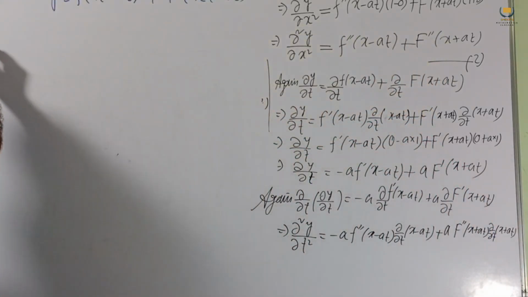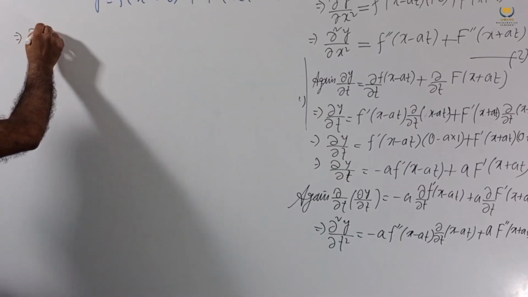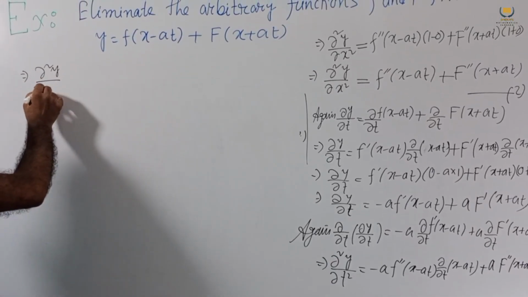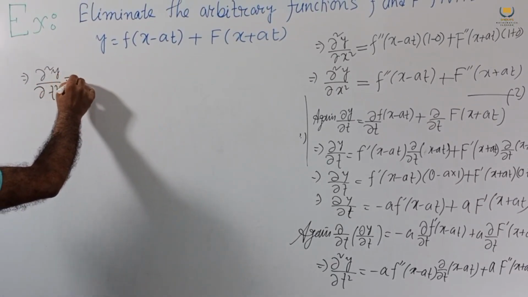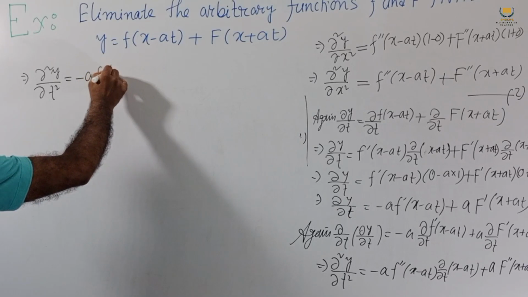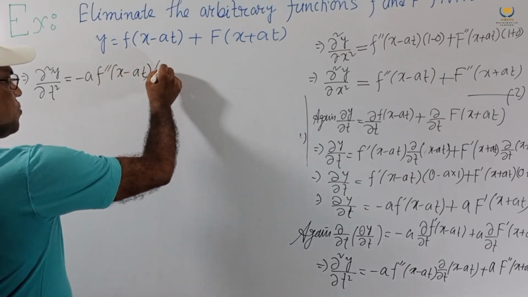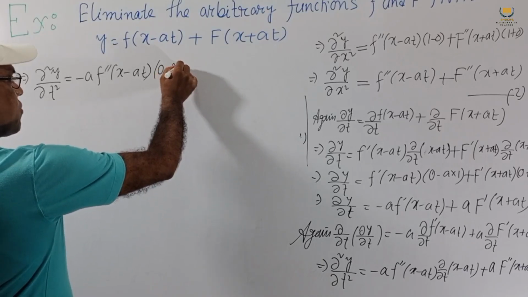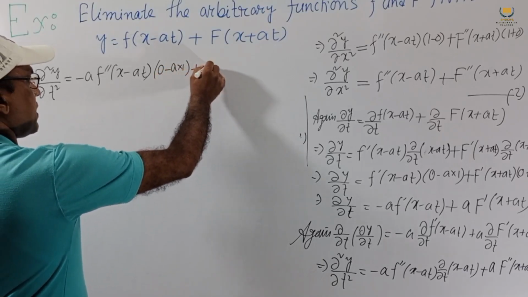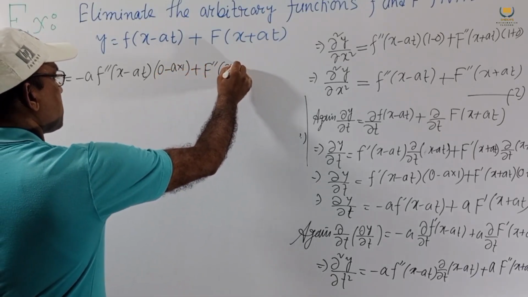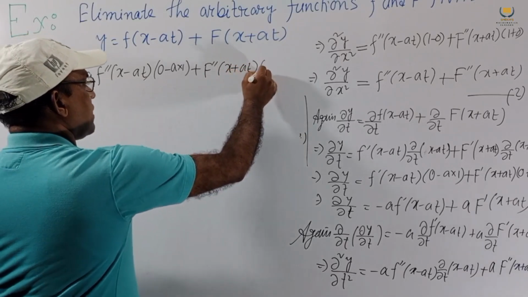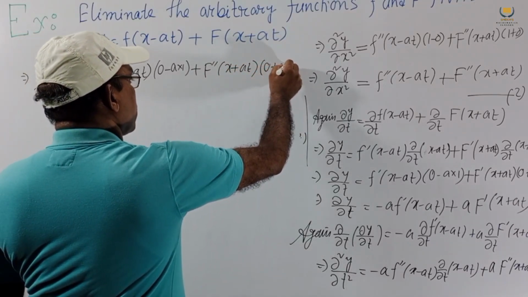This implies ∂²y/∂t² = −a f''(x − at)·(0 − a·1) + a F''(x + at)·(0 + a·1).